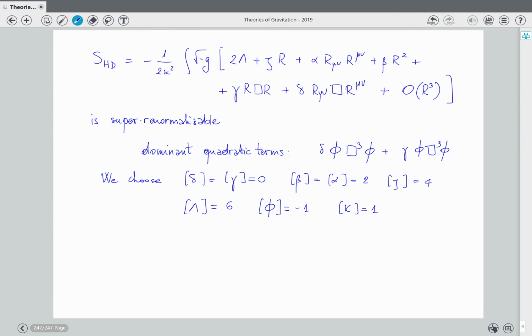And since 1 over kappa squared multiplies the action overall, this is like h bar.